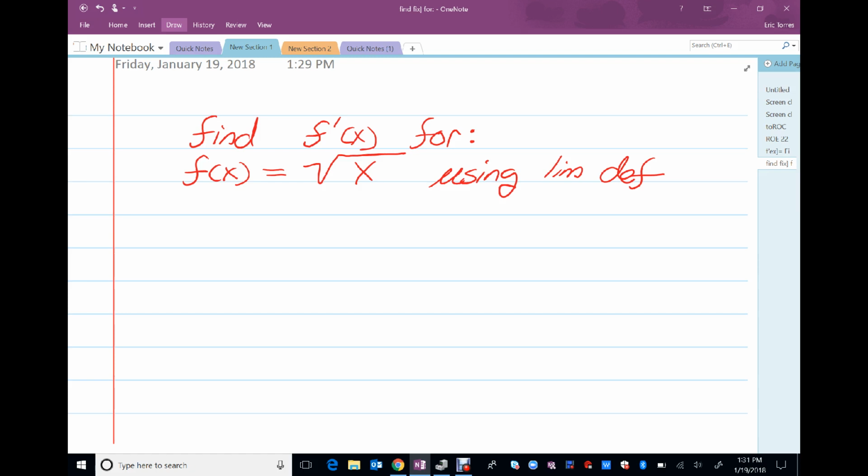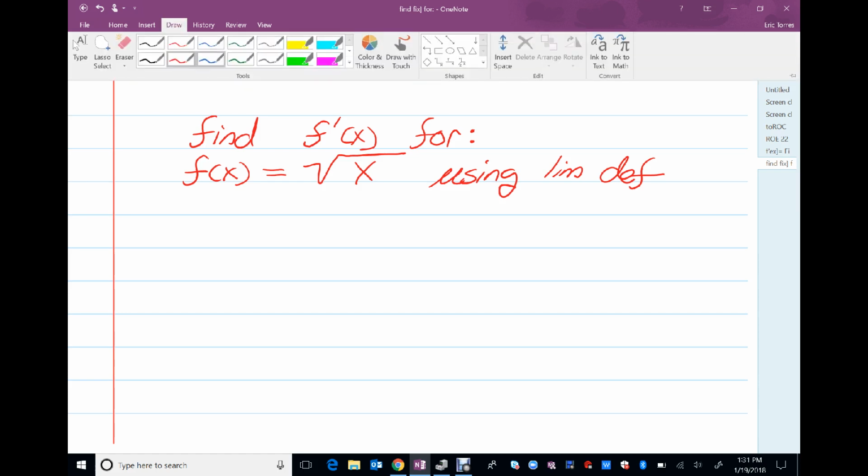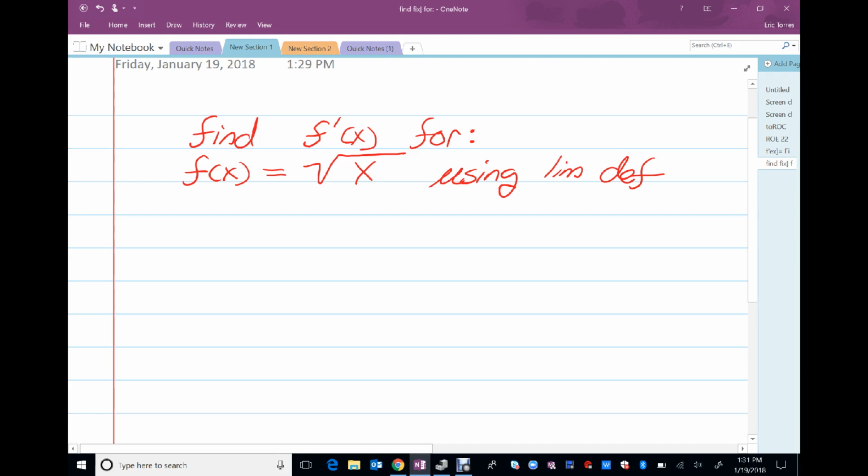So let's ask you something like this. Find the derivative for f of x equals the square root of x using our limit definition. So let's jump on that. Okay, I'll do my work in blue. And here's my argument.